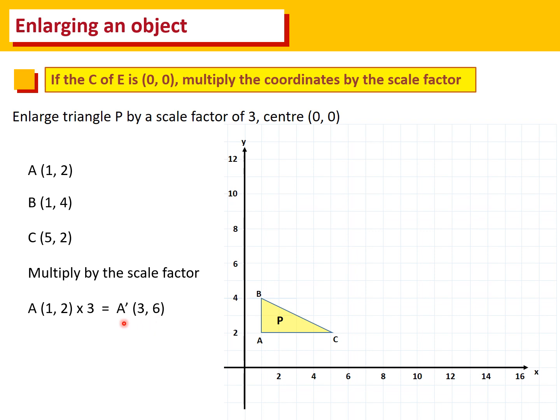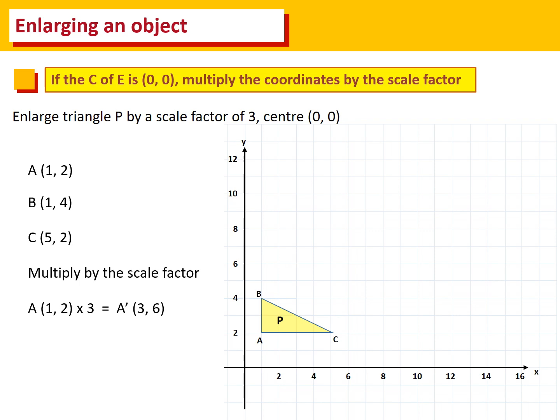And that will be the point A dash. A dash is a corresponding point on the enlargement to point A. And by the way, we call that enlargement the image. And the original shape, in this case triangle P, that's called the object.